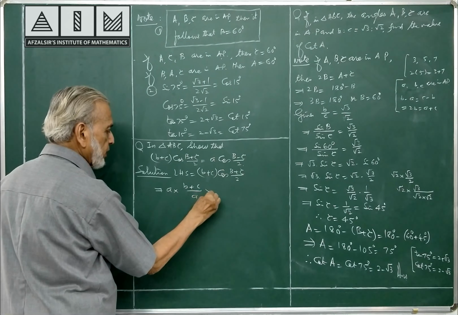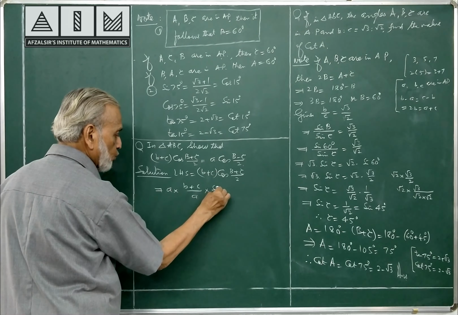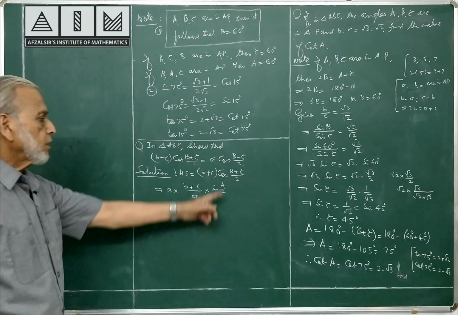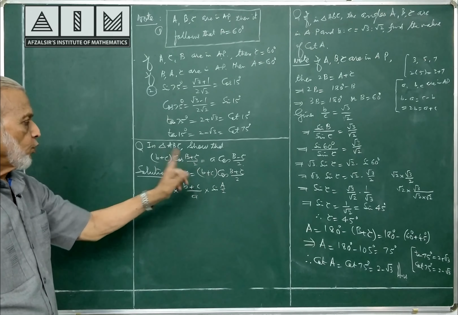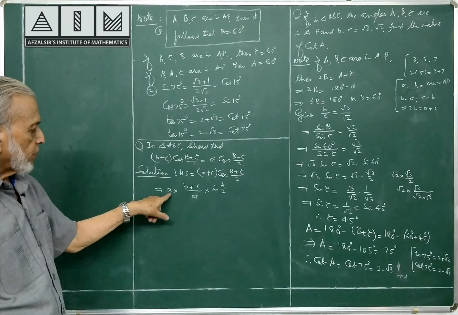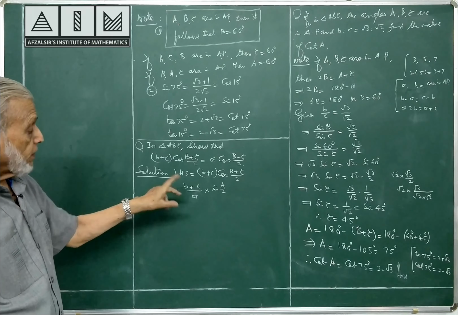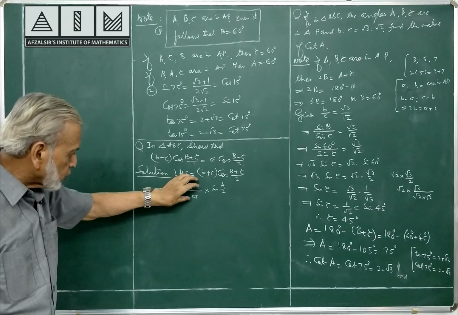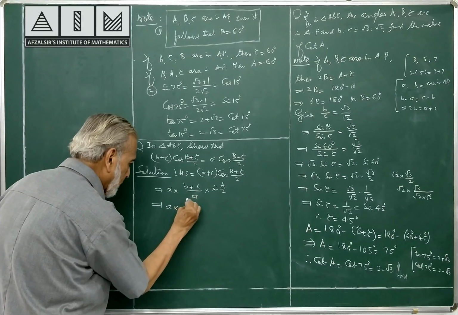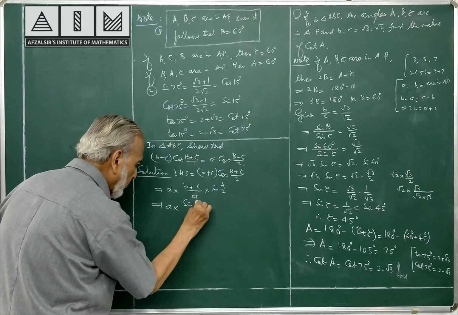Cos (B plus C by 2) can be written as sin A by 2. In the previous classes you have seen cos (B plus C by 2) is sin A by 2. b plus c is written here. I have written (b plus c) by a and taken one a for compensating the multiplication. So (b plus c) by a, by proportionality property, this will become (sin B plus sin C) by sin A.